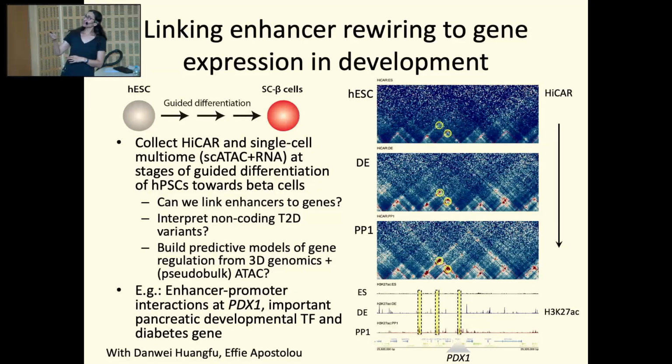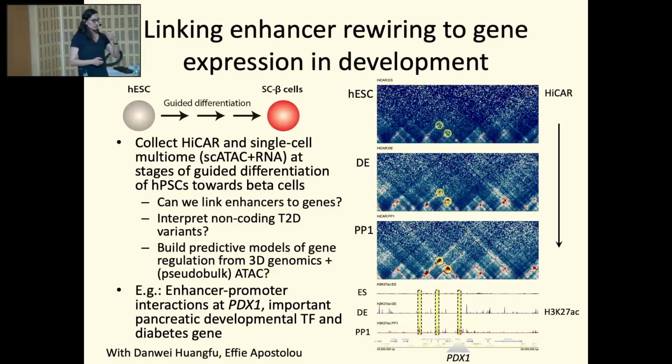Okay, and here's an example. Again, lots of genes and biology, but what we're seeing is different stages of this differentiation process: human ES cells, definitive endoderm, pancreatic progenitor 1. And what we're seeing is the enhancers of a particular gene, a transcription factor, PDX1.